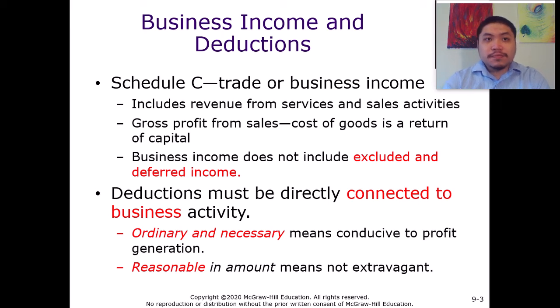But this business, instead of buying such an ordinary car, decides to buy, say, a Rolls Royce. Right? So definitely, a Rolls Royce is much more extravagant than a Toyota Camry, right? So if that business wanted to deduct the expense of buying a Rolls Royce, then definitely that is not reasonable, right?